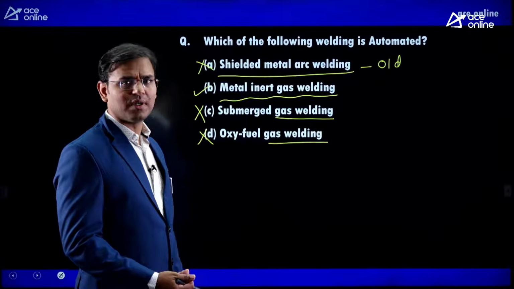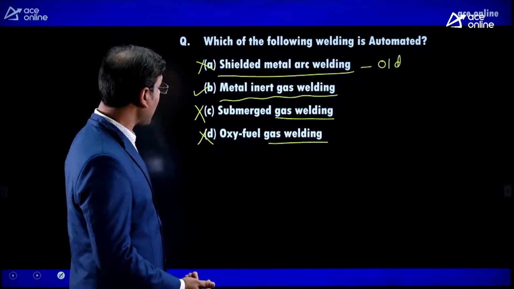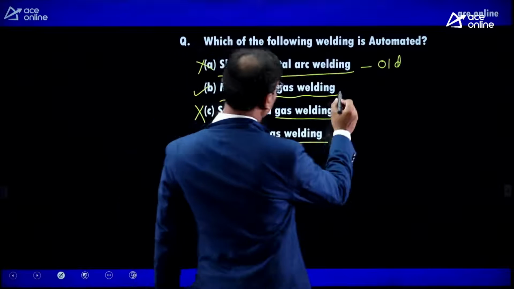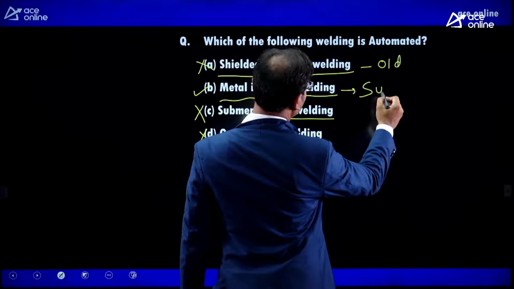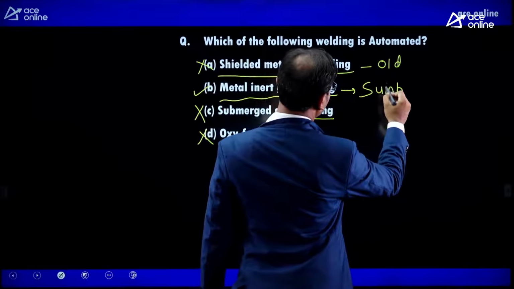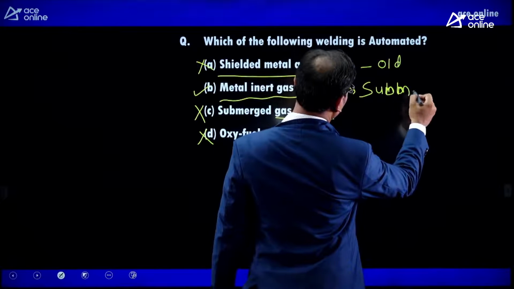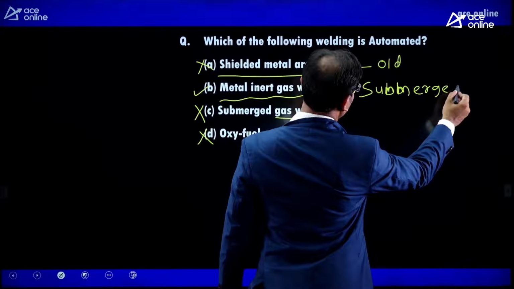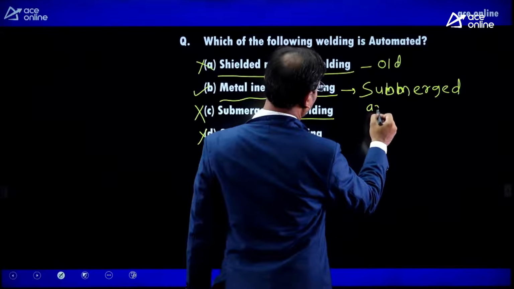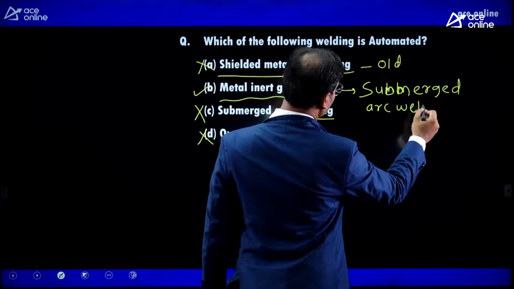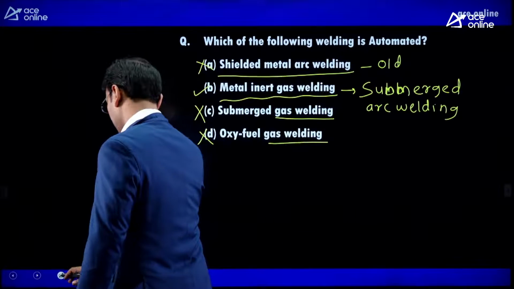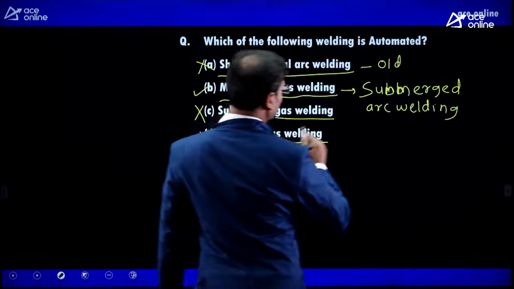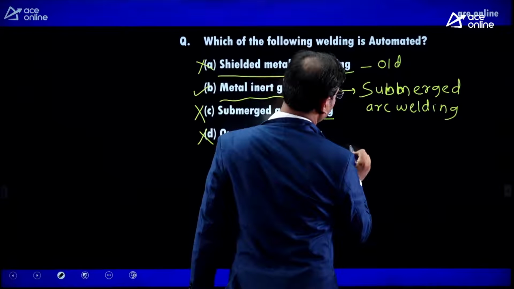And here again, you can see one option, submerged arc welding. Submerged arc welding is also a semi-automatic method.